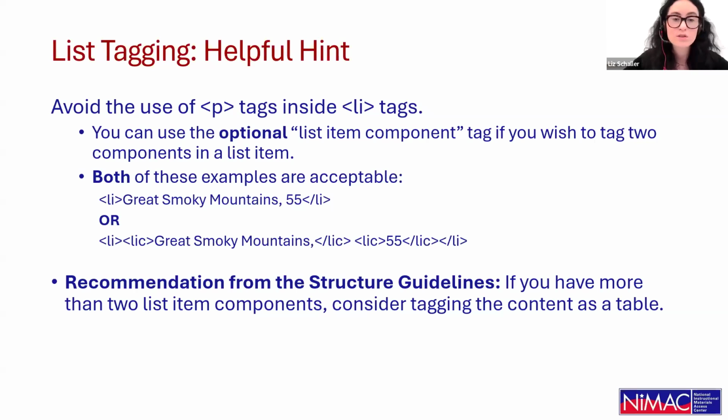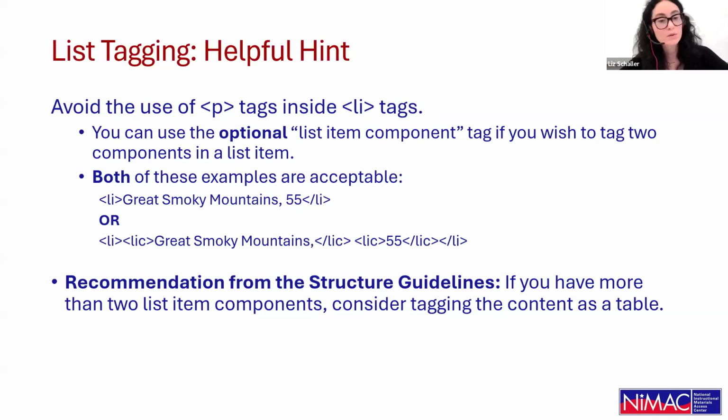So we encourage you to just leave them out. If there are multiple elements within your list item tag, you can use the list item component tags if you wish. So here are two different ways that you could format an index or TOC entry that has a term and a page number, a reference number.